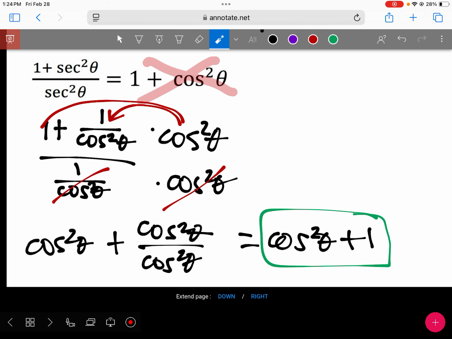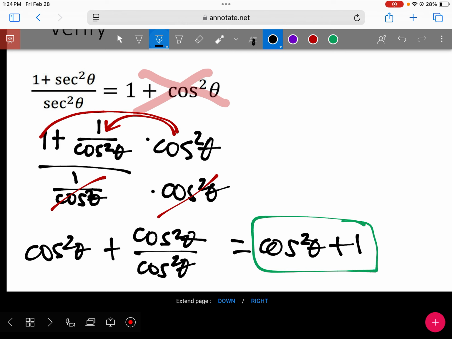Okay, that makes sense. You literally also could have just, instead of rewriting this, said a secant on the bottom is a cosine. So you'll literally just go over here and write cosine squared theta over 1 plus secant squared theta.